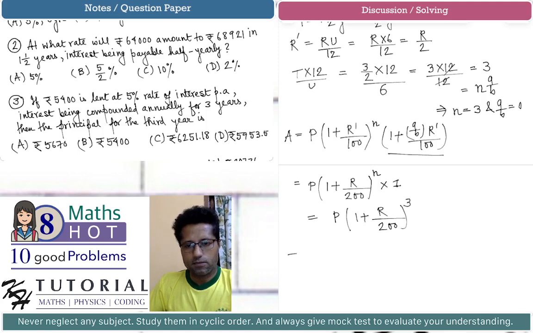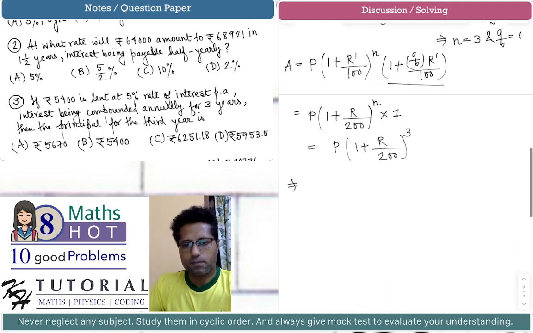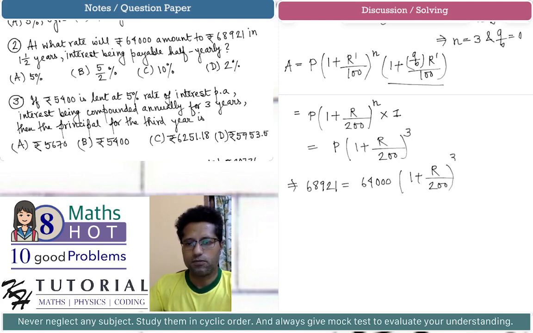So the amount is given to be 68921. P is given to be 64000, and we have multiplied by 1 plus r by 200 to the power 3.